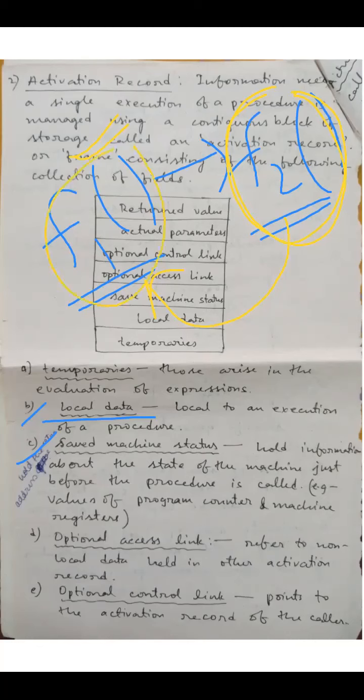This type of storing of the state of function 1 when you are calling function 2, that is, the step up to which function 1 has been executed, is stored in the section called saved machine status.